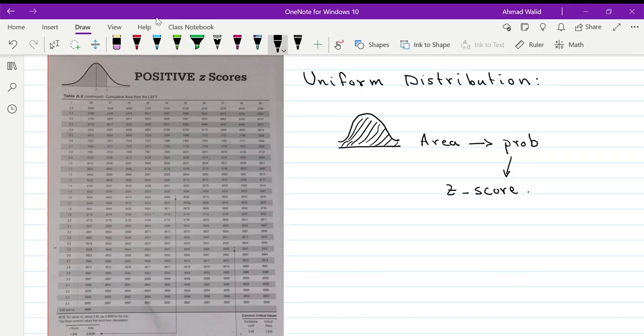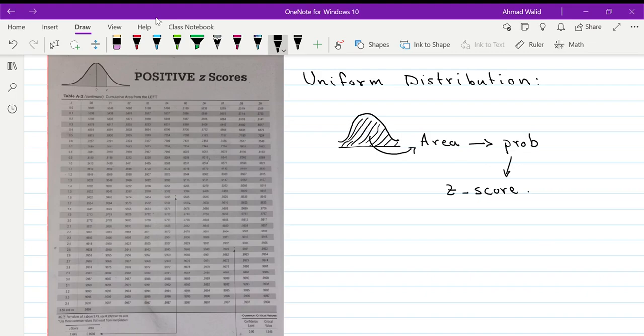Okay? This topic, part of it comes from calculus. Finding the area under the curve is a topic of calculus, but I'm not going to teach you calculus here today. I'll just explain it in a different way. And also we connect that to your book.